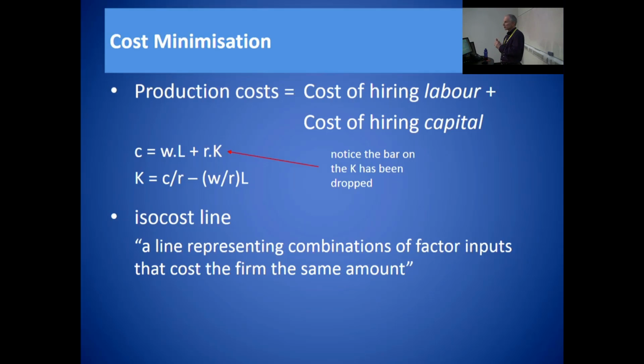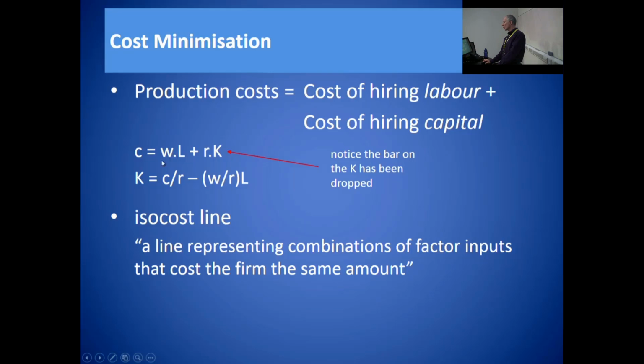And an ISO cost line is equal cost. More specifically, it's a combination of our factor inputs. It's our combinations of labour and capital that cost the firm the same amount to employ. That is an ISO cost line.